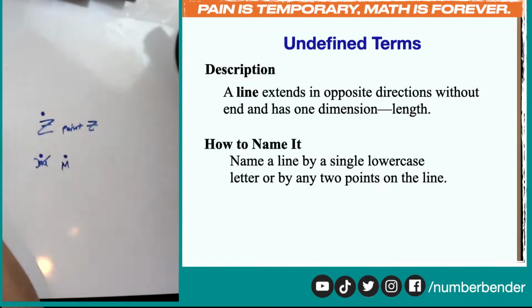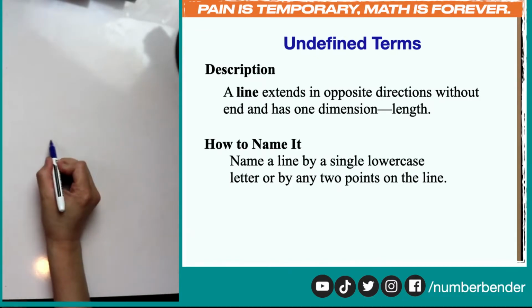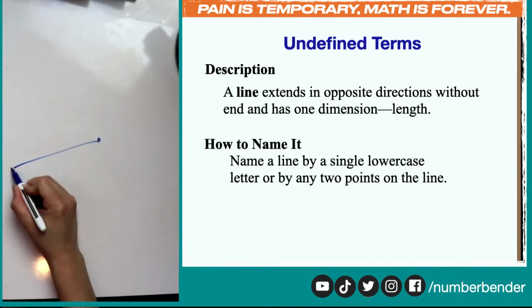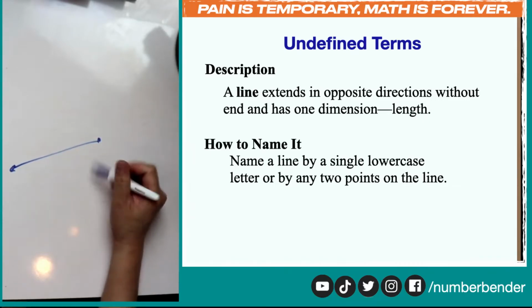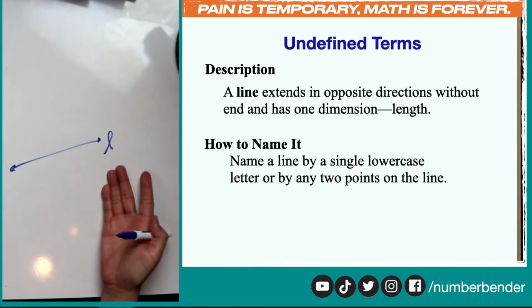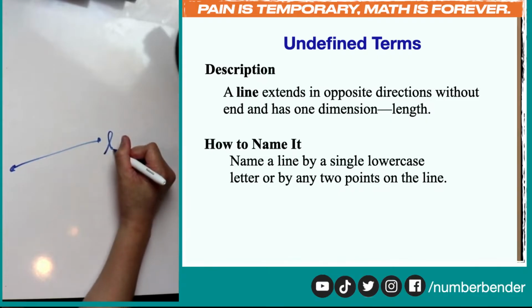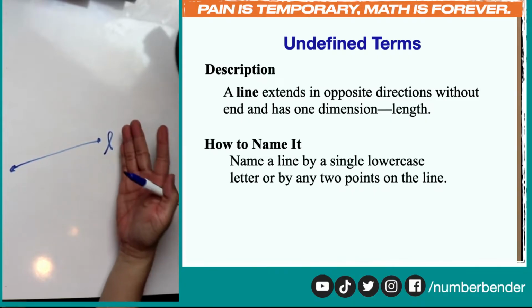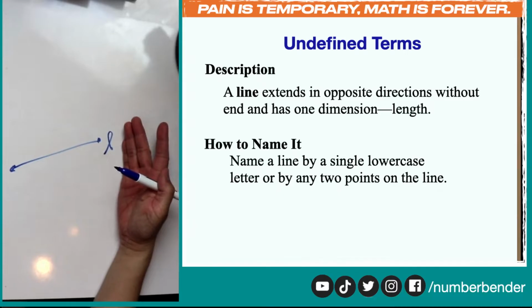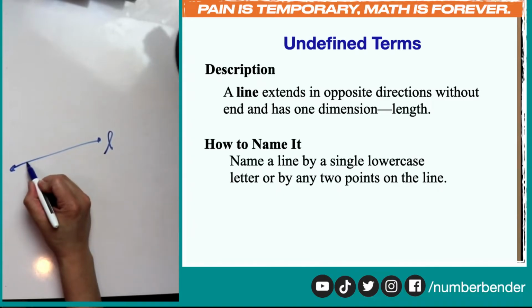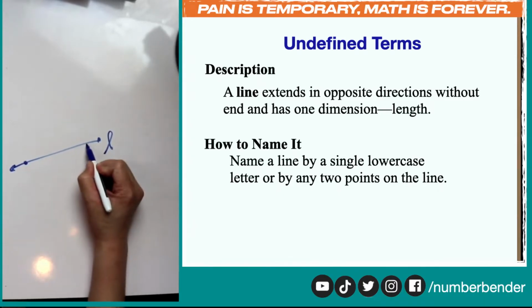So how do we use a lowercase letter for a line? So let's say this is a line. So we can name this line as line l, and notice that I use the lowercase l because this is how we name a line in geometry. And another way of naming it is picking 2 points that lie on this line.